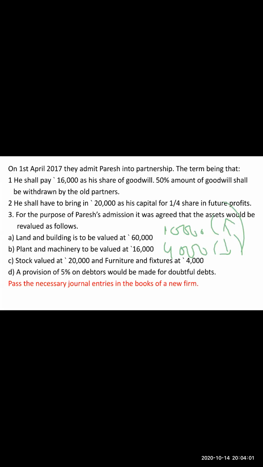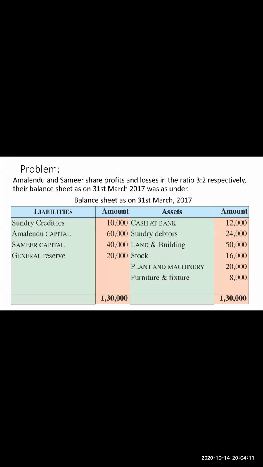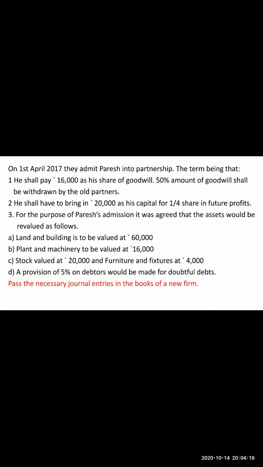Right. Next, stock value 20,000 and furniture and fixture is at 4,000. तो पहले स्टॉक का वैल्यू हम देखेंगे, स्टॉक बढ़ा है या कम हुआ है. तो स्टॉक कितना है यहाँ पे? It's 16,000 over here. And over here it is mentioned 20,000, which means my stock amount is increased.